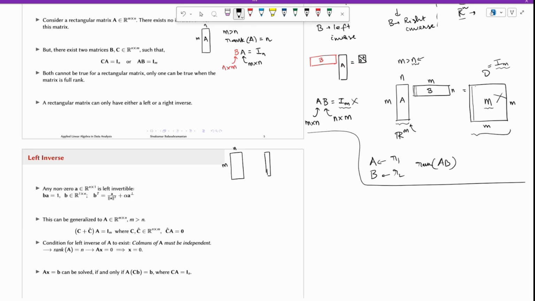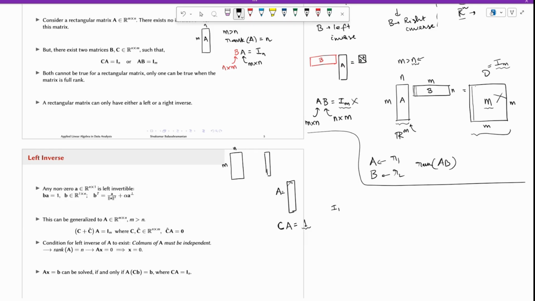So let's ask, if I have a matrix A that has just one column, and let's say C is the left inverse of A. If I multiply C by A, what will I get? I'll get the identity matrix of size 1, that is simply the number 1.